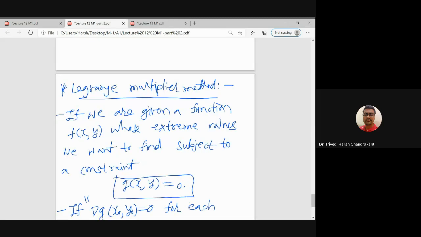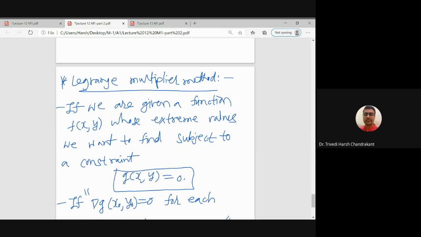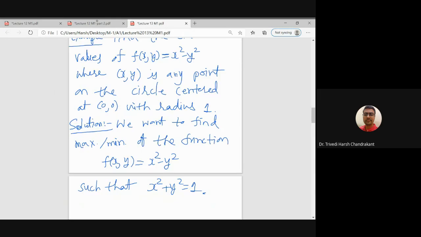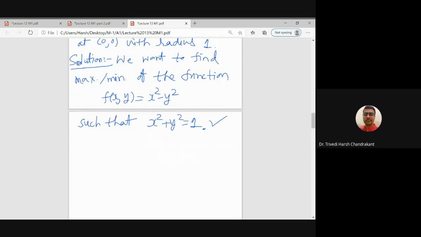So now let us compare with the question. What was the question? The question is to find the maximum and minimum value of the function subject to an equation. So what equation did we get? We got this equation: x square plus y square is equal to 1. So we are not finding the value of the function on the entire xy plane.